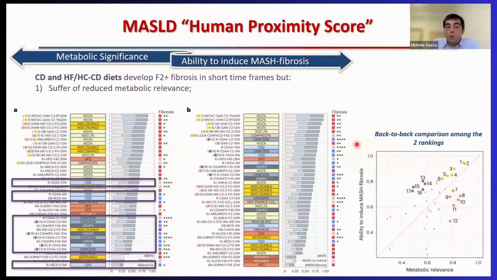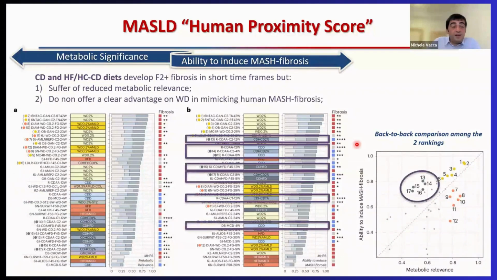We have been widely using these models in the past because they quickly develop F2 fibrosis, but we need to keep in mind that systemically there's no metabolic syndrome in these models. The other intriguing and also surprising thing is that these models did not offer a clear advantage over Western diets in mimicking human MASH fibrosis.